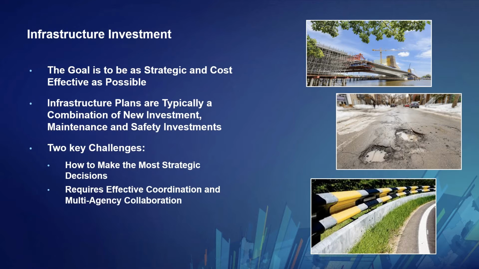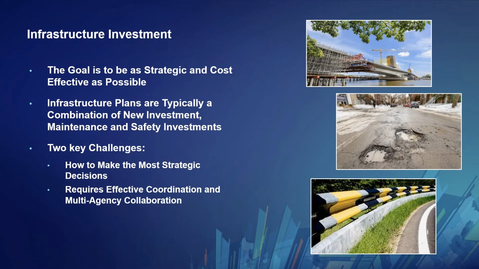And typically our infrastructure plans are a combination of, one, new investments, new roadways, new bridges, etc.; two, how much we are going to allocate to maintaining our existing investments, so maintenance; and third, safety improvement projects. So combinations between those three types of highway related projects really constitute the types of projects that we want to invest in.